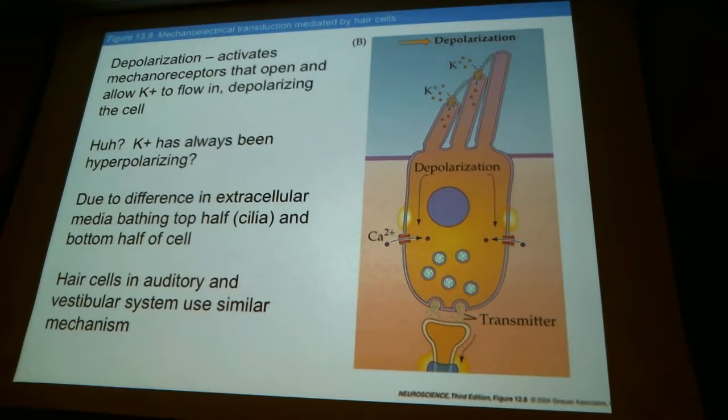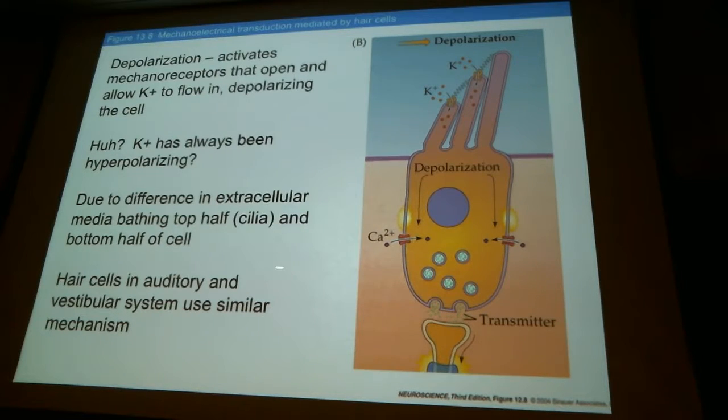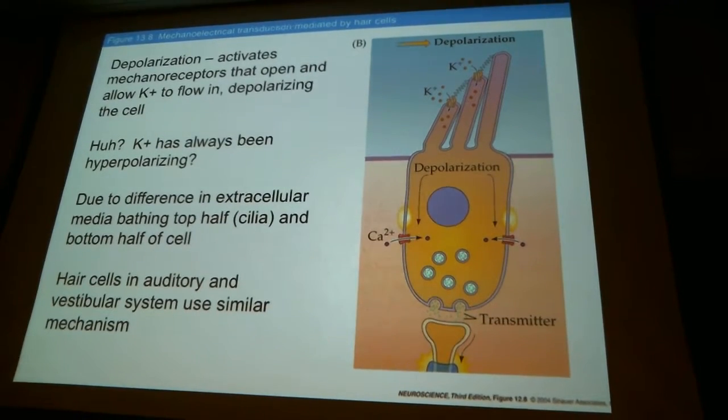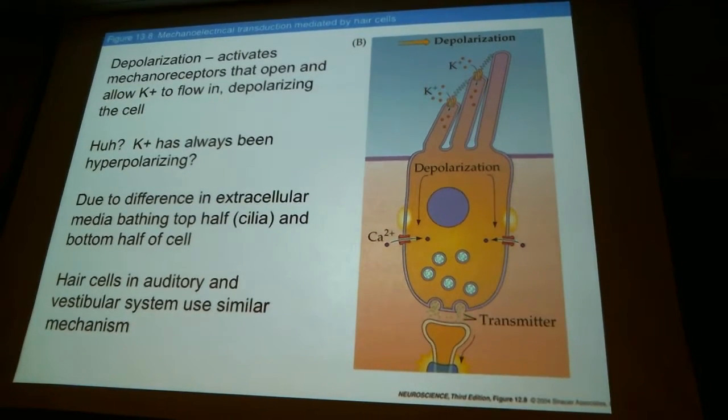Remember that the middle of the scala media contained a fluid called endolymph, and it turns out to have very high levels of potassium. The bottom half of the cell is in the type of media that we talked about for all other neurons. This works similarly for hair cells in both the auditory and the vestibular system.